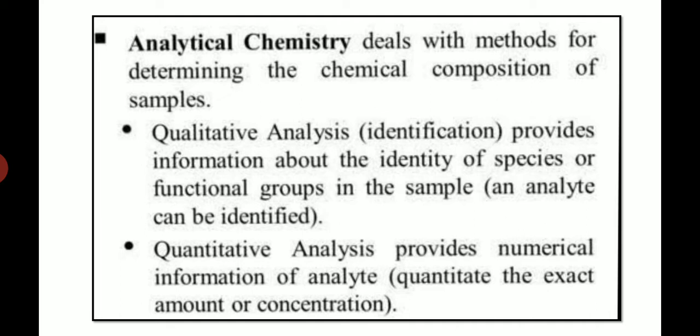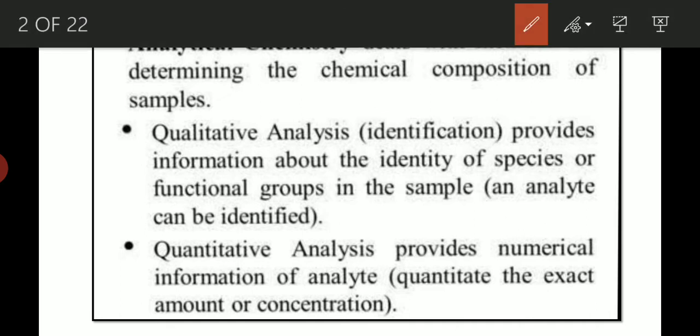First is the quantitative analysis and another is the qualitative analysis. So, again, I'm repeating, analytical chemistry deals with the experimental study which determines the chemical composition of samples by qualitative analysis and by quantitative analysis.